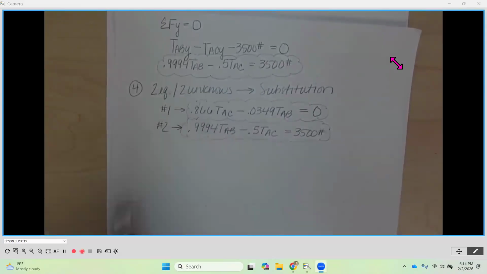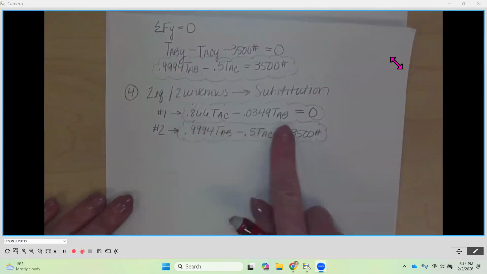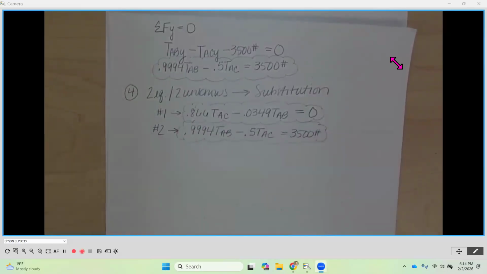As we look at these two, we're going to use that substitution method. We need to get one of the variables in terms of the other. And we have to choose which equation I want to deal with. Sometimes one might look easier to deal with than the other. I don't think either one of these is easier than the other, but number 1 has a 0. So that's usually just kind of easier to deal with.